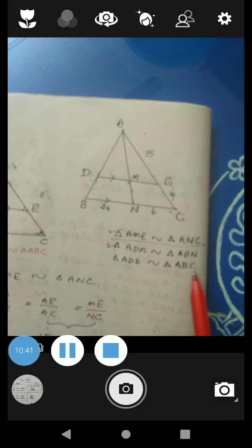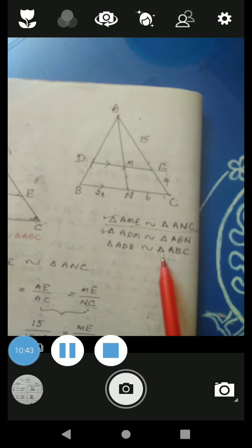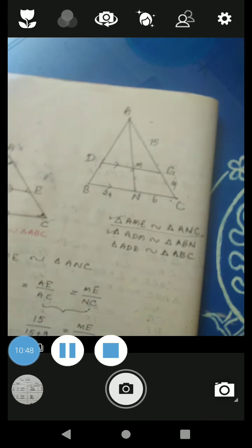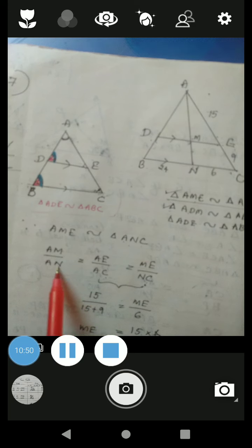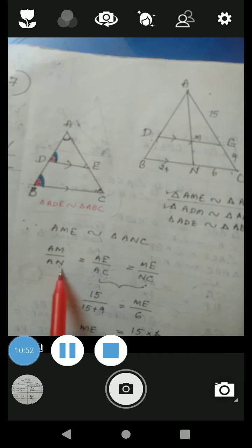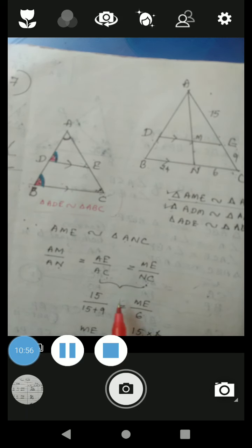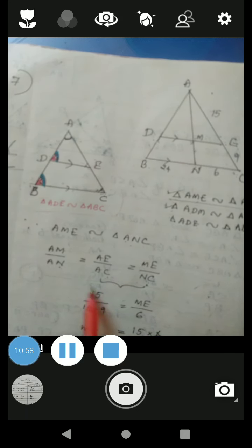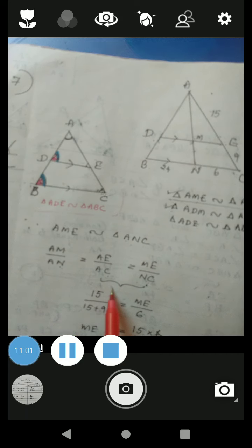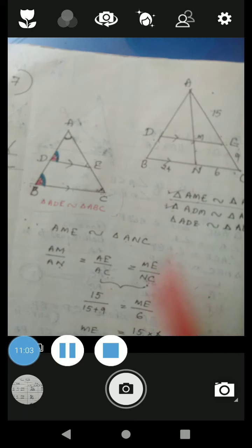We have already written that these two triangles are similar, therefore corresponding sides are in proportion. So AM by AN is equal to AE by AC equal to ME by NC. Consider these two and substitute values, all given here.